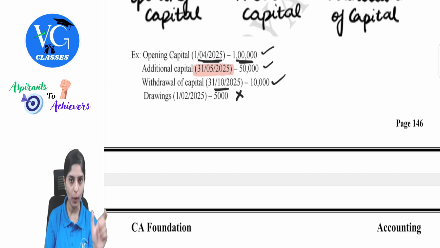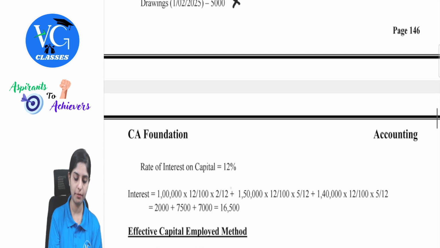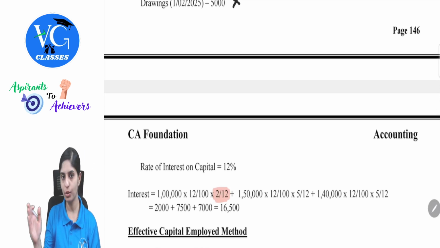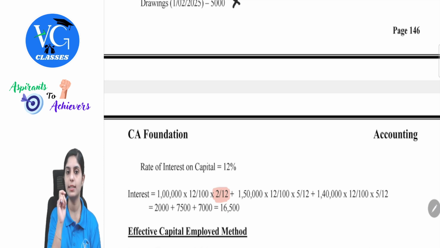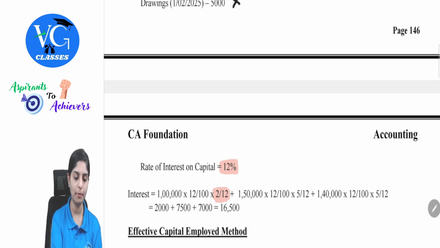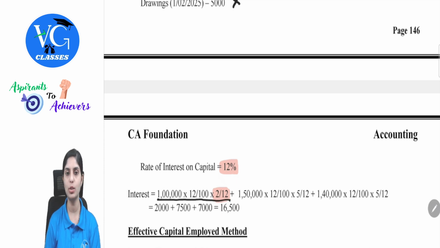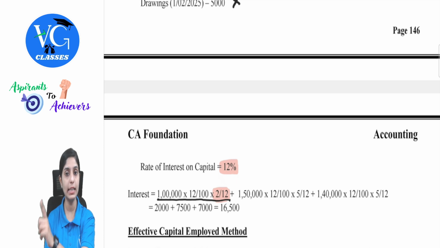So I will take 1 lakh into 2 divided by 12. Out of a total of 12 months, for 2 months the balance is 1 lakh. That's what it means. Rate of interest is given as 12%. So that is how we have written here: 1 lakh into 12 by 100 into 2 by 12. This was interest only for 2 months. We have to calculate the interest for the entire year.